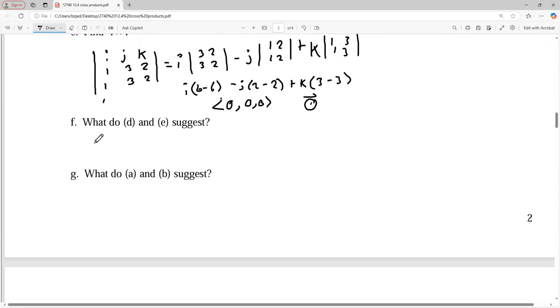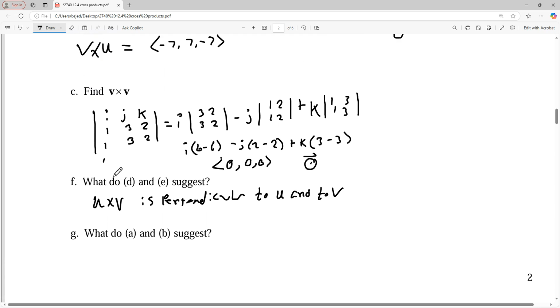That means the cross product will always be perpendicular. u cross v is perpendicular to u and to v. Another way to say it is it's orthogonal to both u and v. It's the vector that's perpendicular to both u and v.